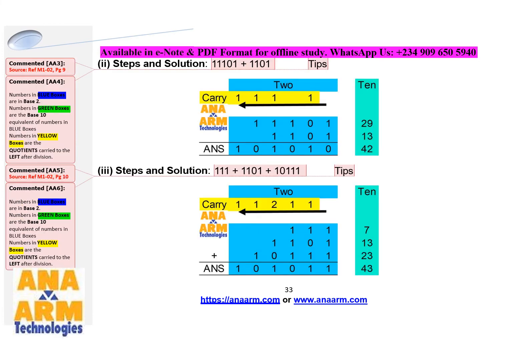Now let's take the second example, which is 11101 and 1101. Almost the same thing with the first example. But this example is here to teach us the fact that you are not always required to carry 1 to your left every time. So it depends on the value you have gotten.